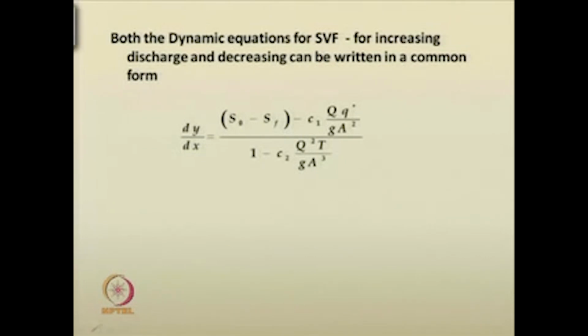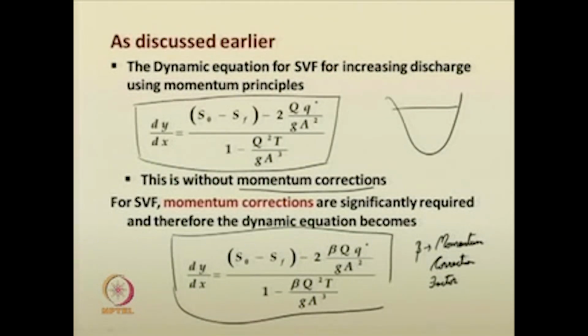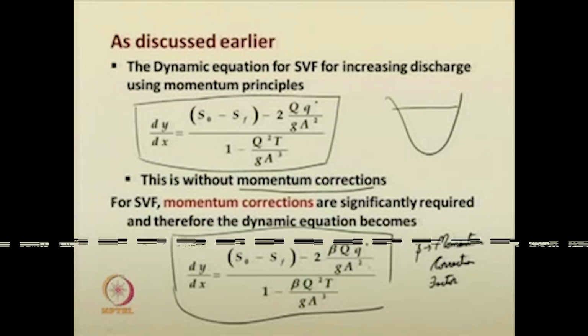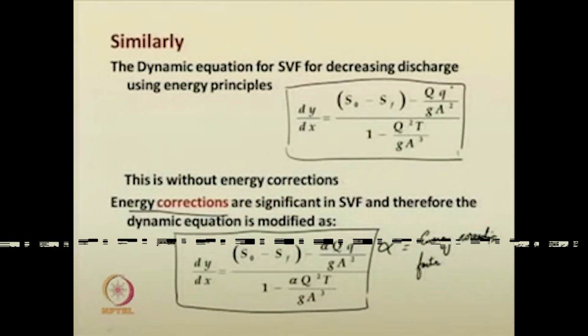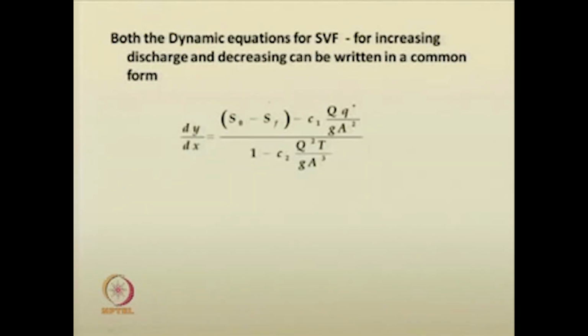If you look into both the equations, the dynamic equation derived through the momentum principles as well as the one derived through the energy principles, both of them can be written in a common form.